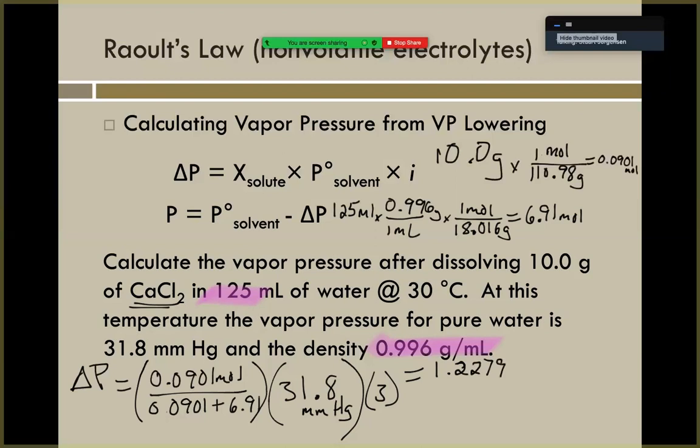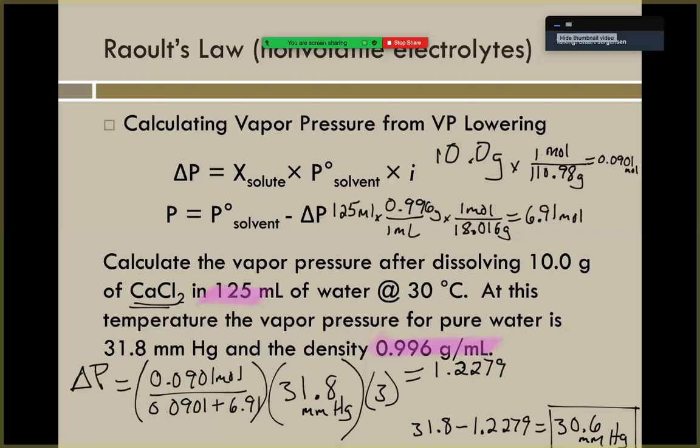To figure out what the new vapor pressure is, we're going to take our original pressure, which was that 31.8, and subtract our change, 1.2279, and we get our final pressure, which comes out to 30.6 millimeters of mercury, which is a significant difference, mostly because we had a Van Hoff factor of 3 multiplying its overall effect.